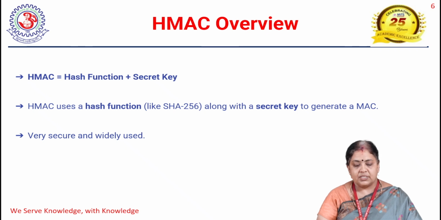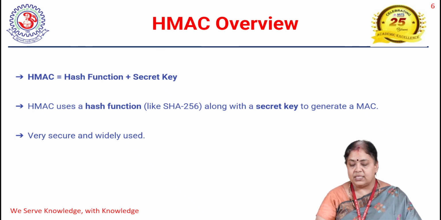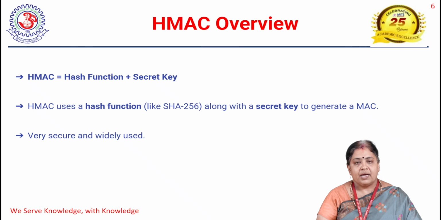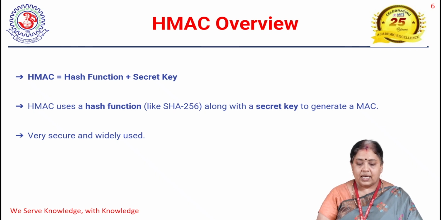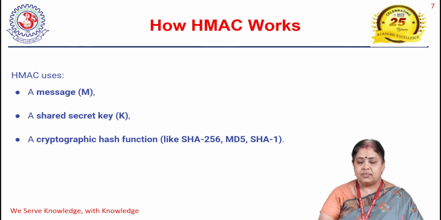The hash function generates the hash code but does not use a secret key, so it ensures only integrity. HMAC uses a hash function along with the secret key to generate the MAC, which ensures authenticity and, in addition, integrity. So it is very secure and widely used. And coming to how this HMAC works.